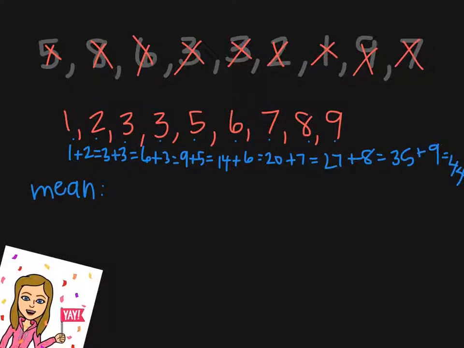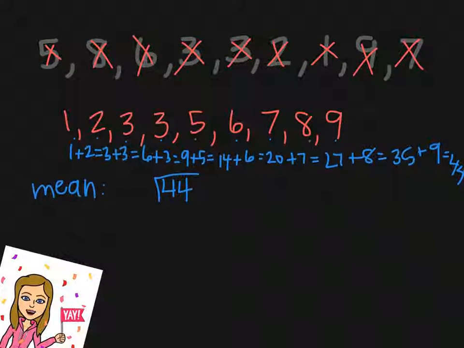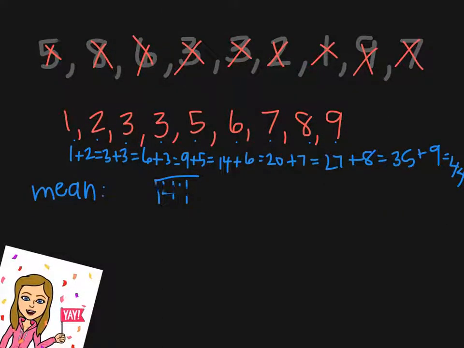Remember, the next step is to do division. So we divide the sum, so 44, divided by the amount of numbers in the data set. So I'm going to just erase and make sure I give myself enough room to show the work. So remember, we counted that there are 9 numbers in the data set.